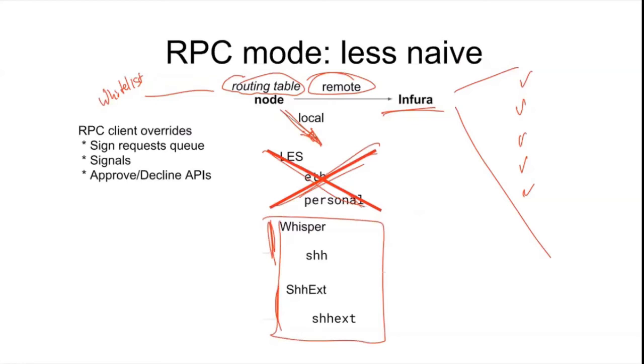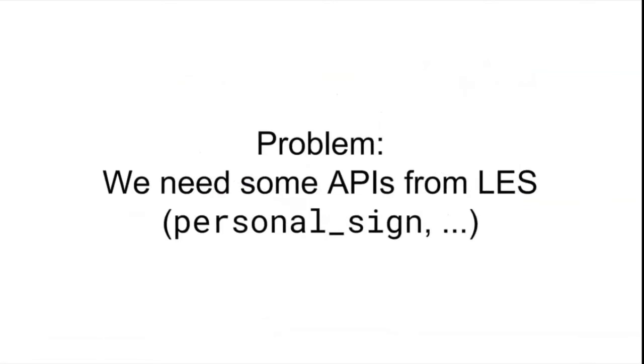And it works, except when it doesn't, because some of the apps use some special sign method. This is a very common operation that needs to be done because, for instance, CryptoKitties use it to sign in to the service.